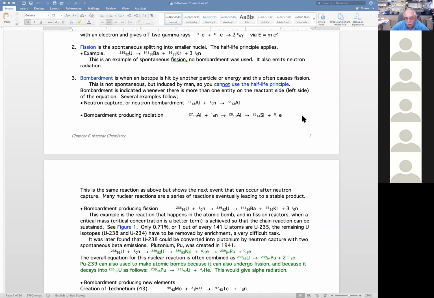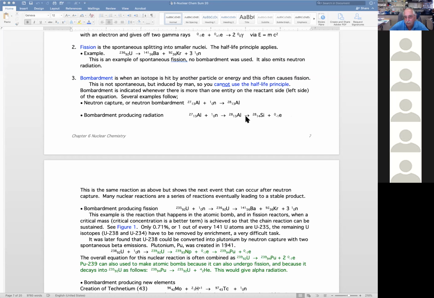Now look at this next one over here. Here I'm linking two reactions together. Bombardment that produces radiation. So here is the first event, happens to be neutron capture. But what happens is now aluminum-28 is less stable. So it spontaneously gives off beta radiation.